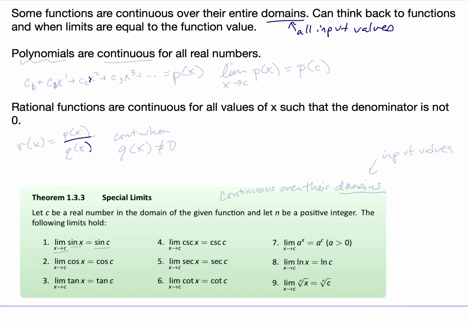So for example, polynomials: we know the limit is defined for any input value of a polynomial.